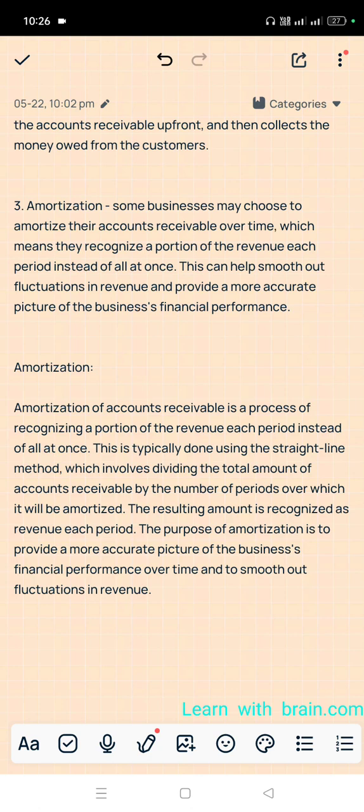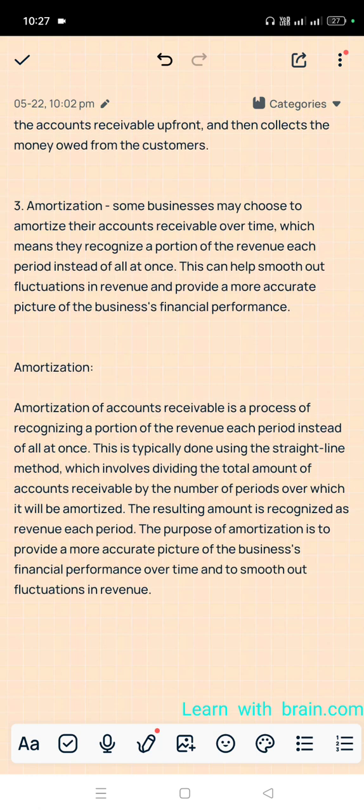This is typically done using the straight line method, which involves dividing the total amount of accounts receivable by the number of periods over which it will be amortized. Okay, the resulting amount is recognized as revenue each period. The purpose of amortization is to provide a more accurate picture of the business's financial performance over time and to smooth out fluctuations in revenue.